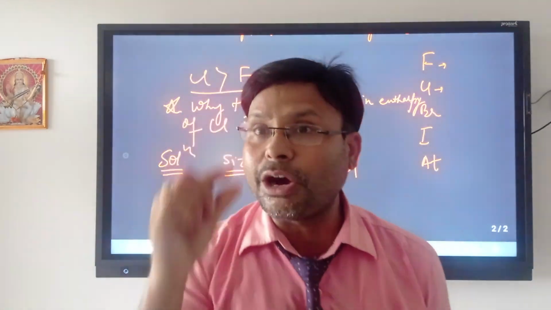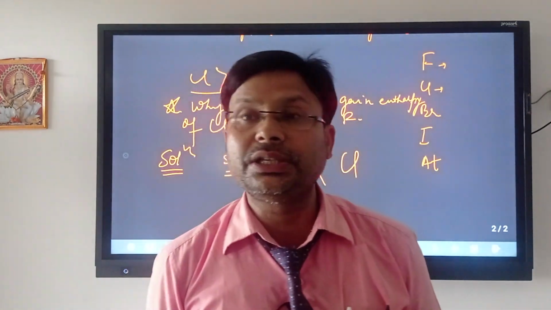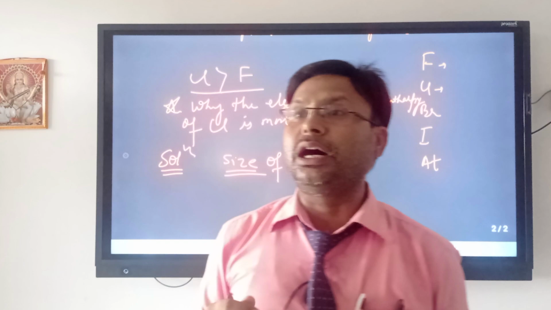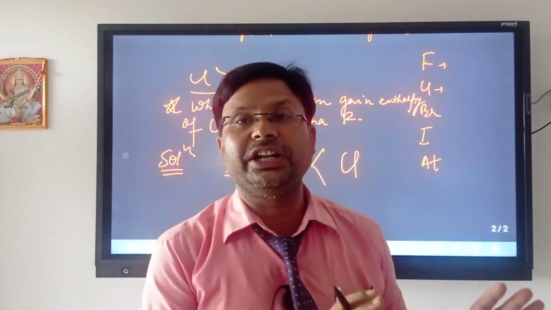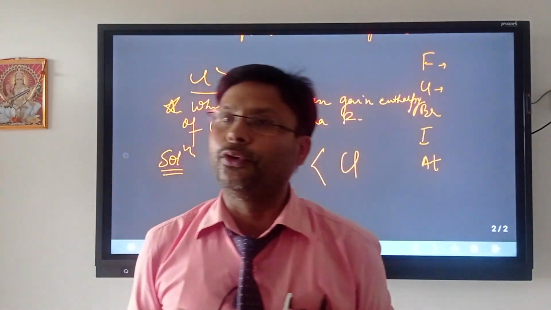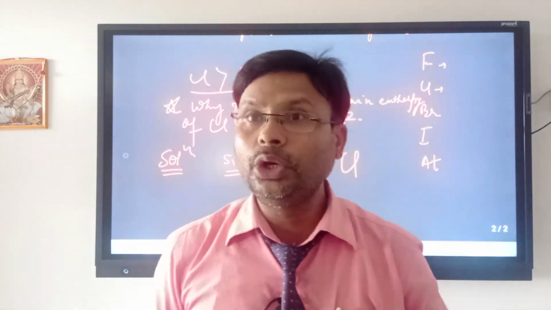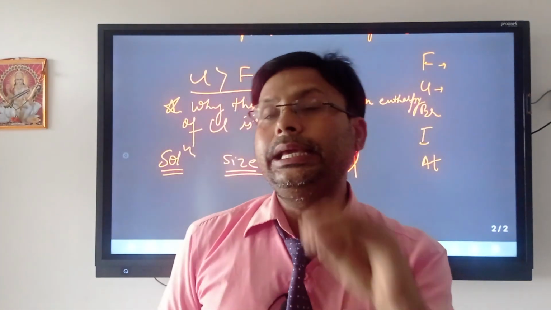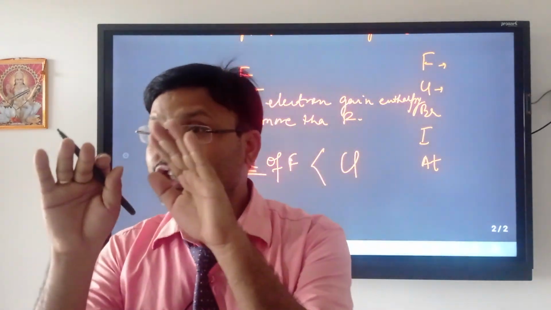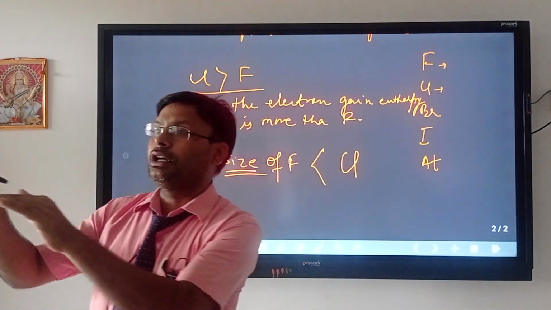So if we want to add an electron, fluorine does not readily accept it. So the electron gain enthalpy of fluorine is less than that of chlorine.